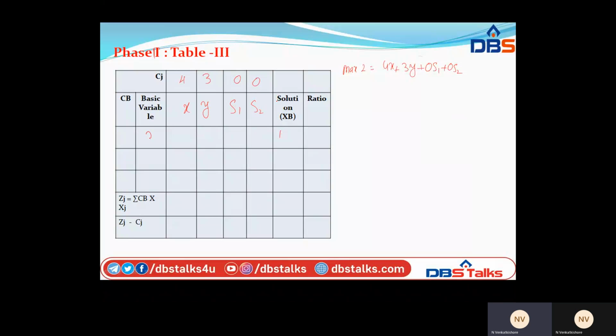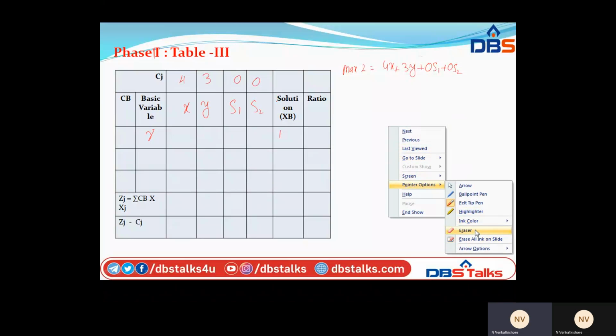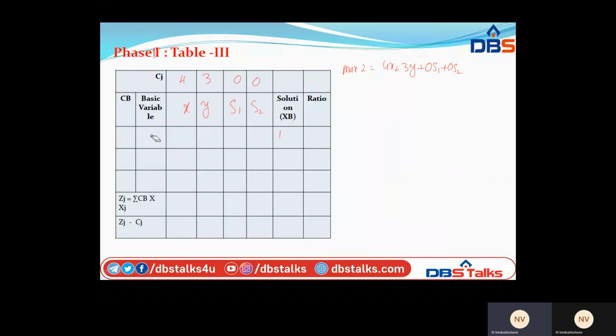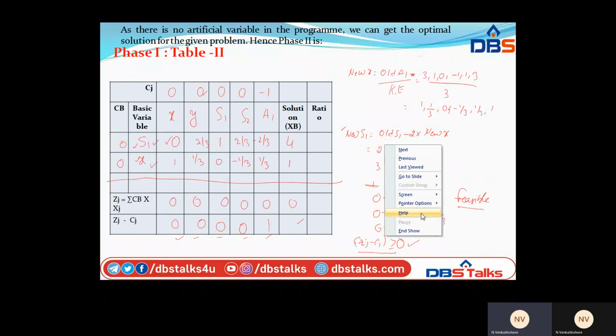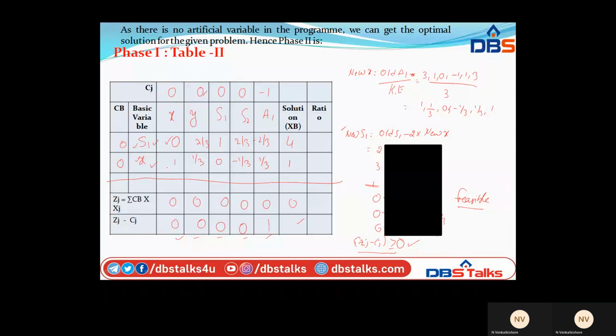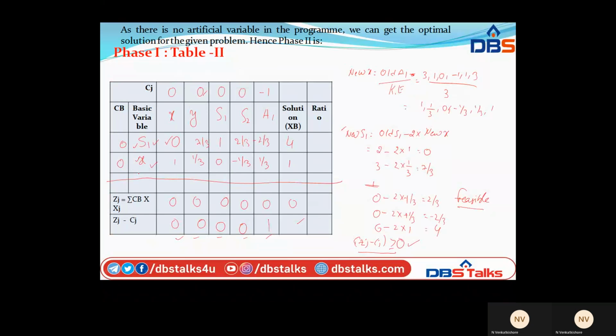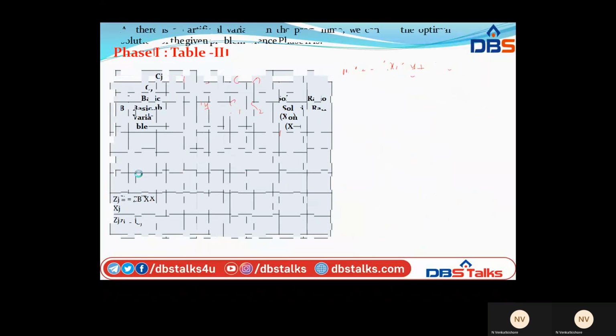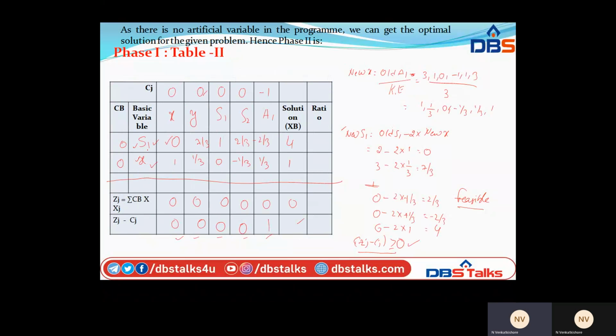Then what are the basic variables, as in the previous table? In table 2, S1, X, 0, 1, 7 by 3, 1 by 3.